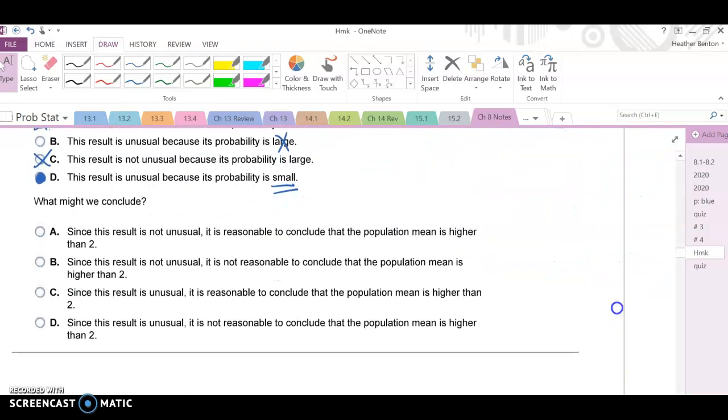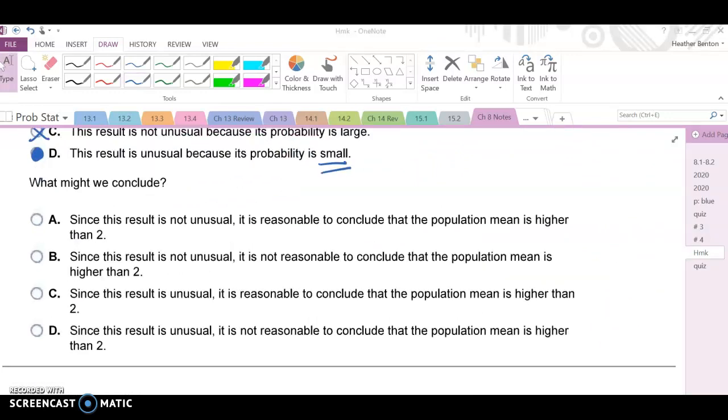All right, what might we conclude? Well, we said the result is unusual, so it's got to be either C or D. Our choices are that the mean is higher than 2, and it's either not reasonable or reasonable to assume that.